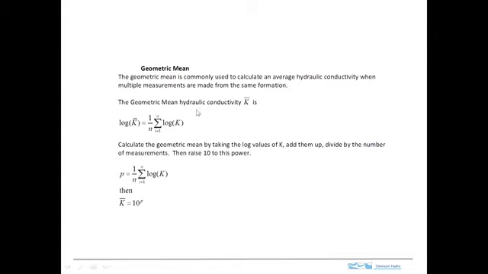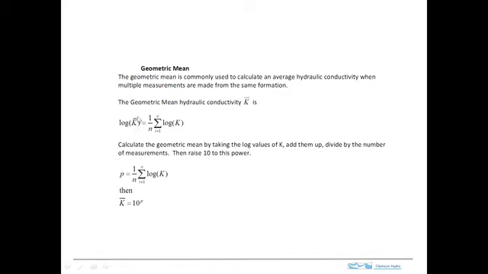And so the way you calculate that is take the log of the hydraulic conductivities and sum them up, and then divide by the number of values that you have, and that equals the log of the geometric mean.